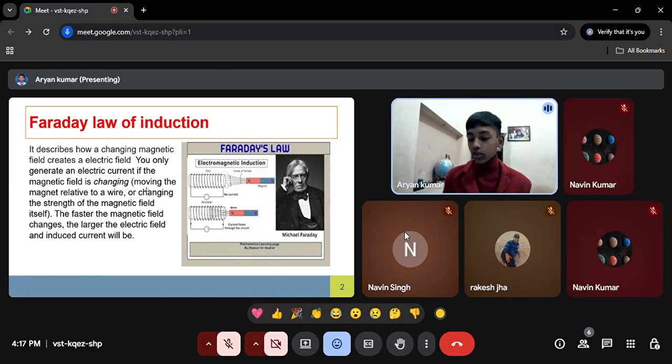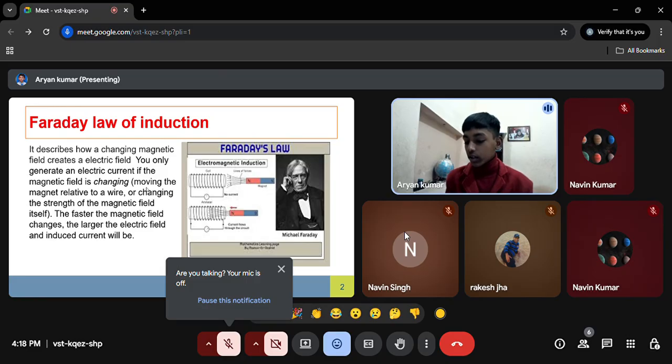So, Faraday's law of induction in simple terms is this: we can make electricity by moving a magnet near a wire. This change creates a force on the tiny free electrons inside the wire. This force pushes the electrons to move in one direction, which creates an electric current and gives us a measurable voltage.